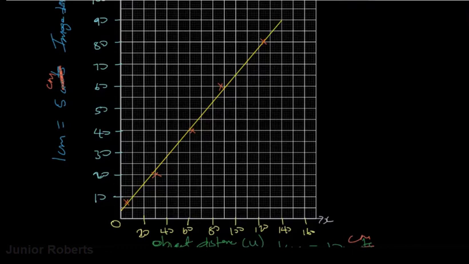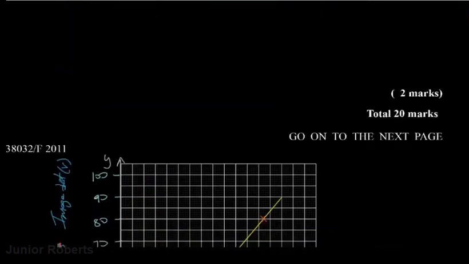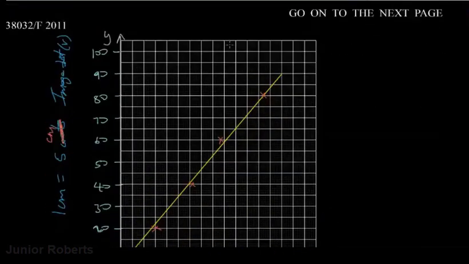Okay, cool. So this is our best fit line, and then finally, to complete our graph, we need to state a title. When writing your title, you want to simply say graph showing whatever is on the y-axis, in this case, image distance.